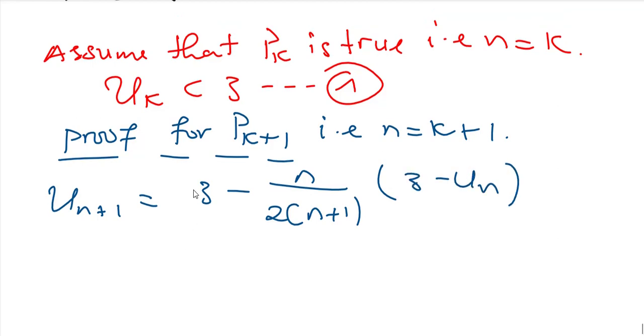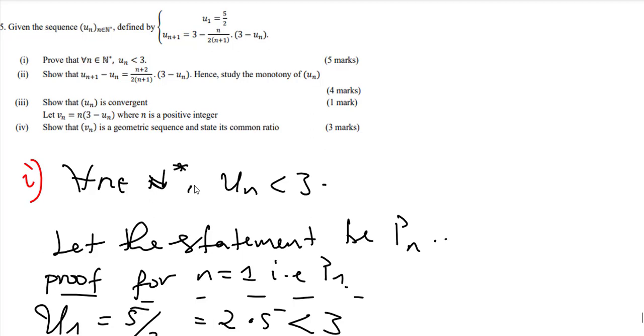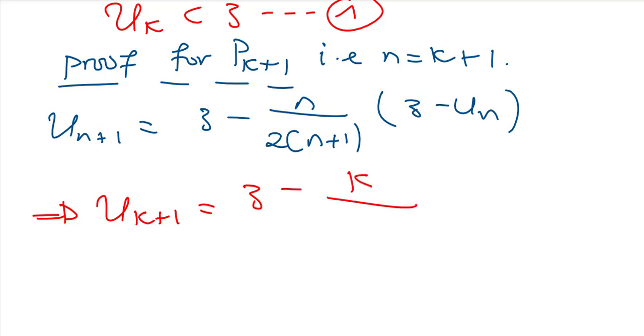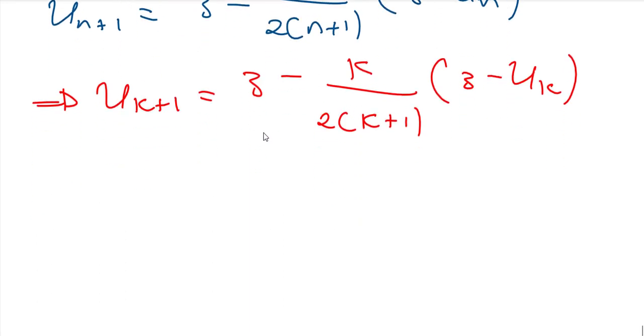So that's it defined recurrently. For uk+1, I'm simply going to replace n by k. So uk+1 will be equal to 3 minus k/(2(k+1)) times (3 minus uk). Now from here we have to verify that this statement is less than 3.